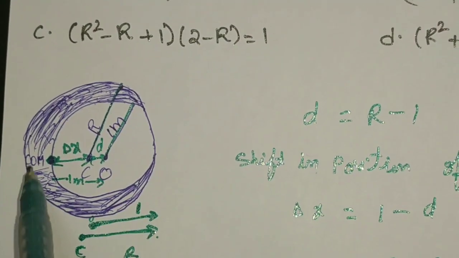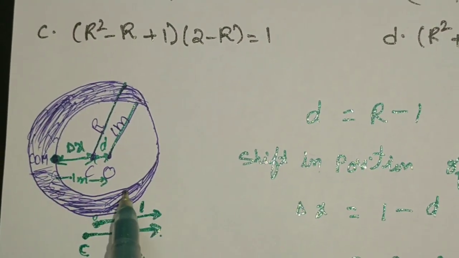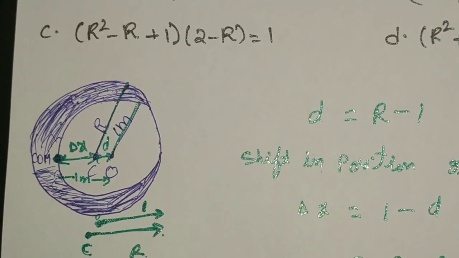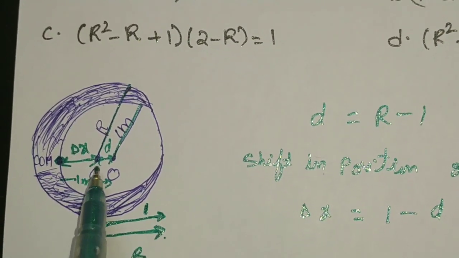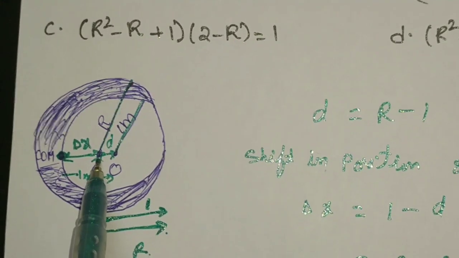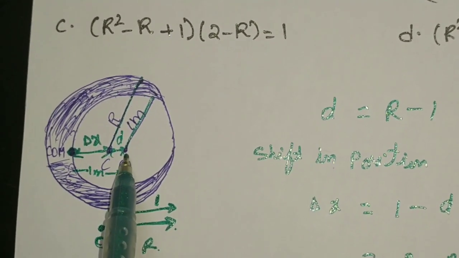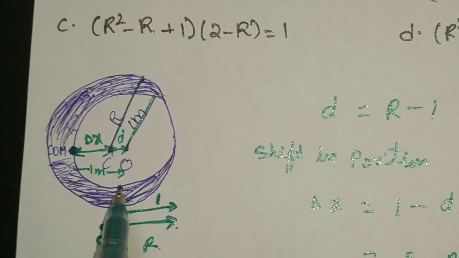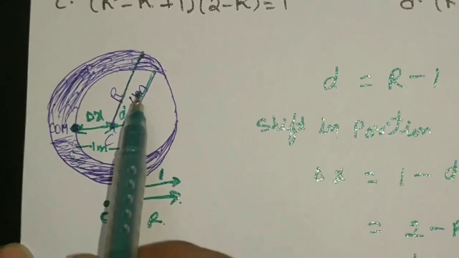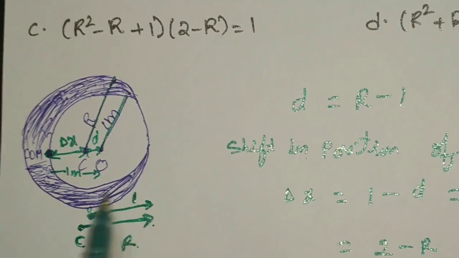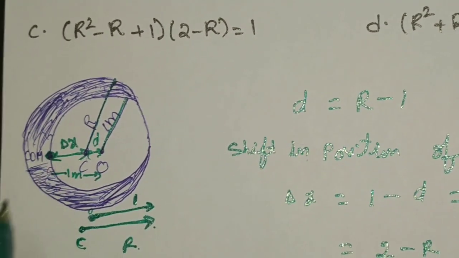This blue shaded part is the remaining sphere, whose center of mass is COM. Once again, C is the center of mass of the original sphere, R is its radius. O is the center of mass of the removed sphere, 1 meter is its radius, and the center of mass of the remaining shaded part of the sphere is COM.